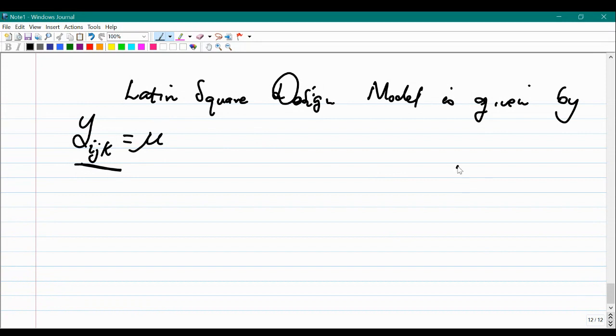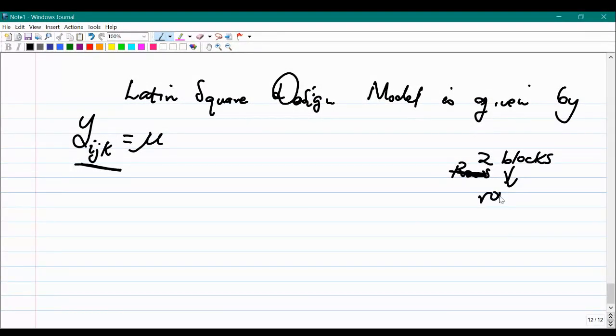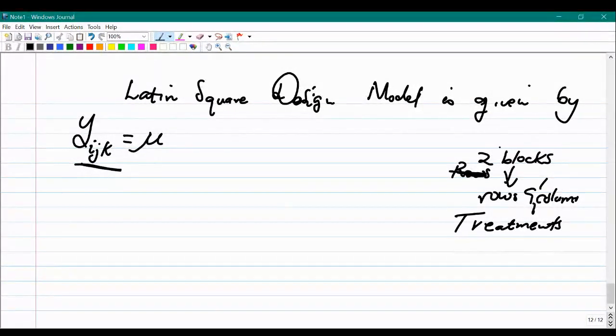Remember, for Latin square design, you have 2 blocks, the rows and columns, and the treatments. And remember, we don't have the interaction effect. So it means you need three Greek letters to represent all these things that we'll be testing.